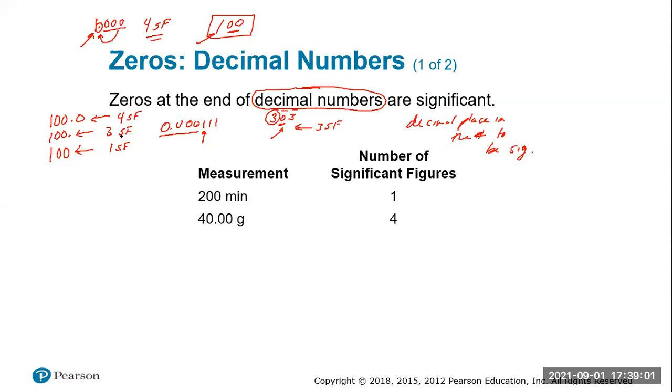So when we look at the first one here, that would be where the estimated digit would be. When we look at the second one, that would be where the estimated digit would be. And when we look at the third measurement, that actually would be the estimated digit. And again, you can see, not always the last number. And there is a big difference in the quality of your measurement, depending on which one here.